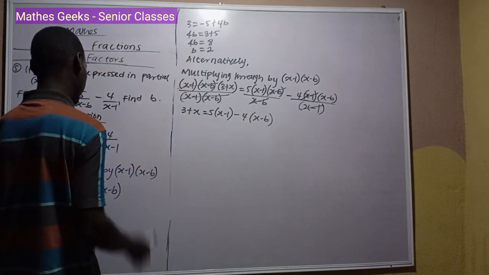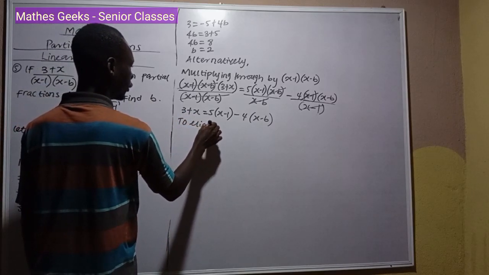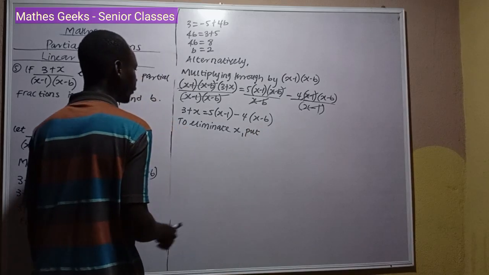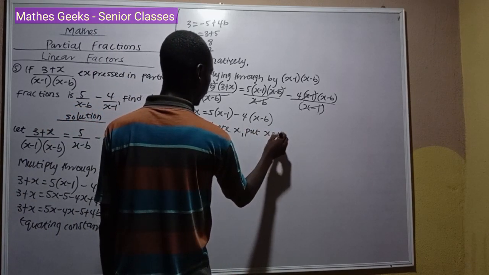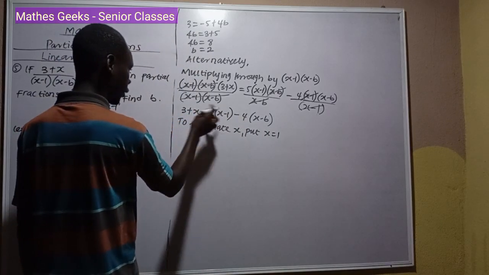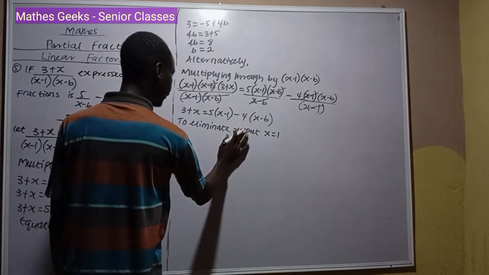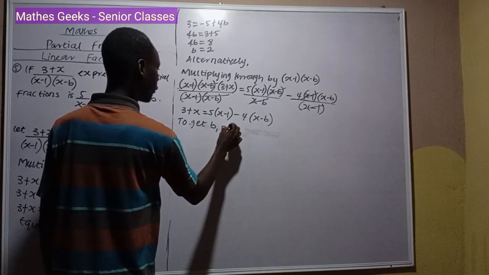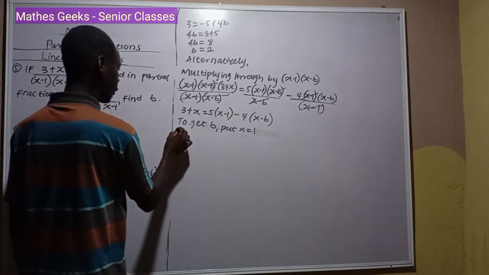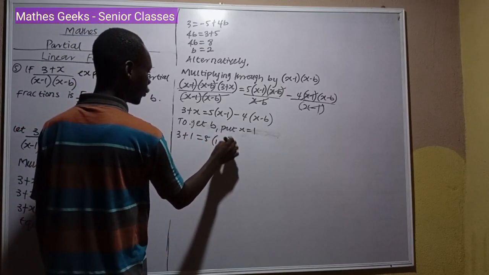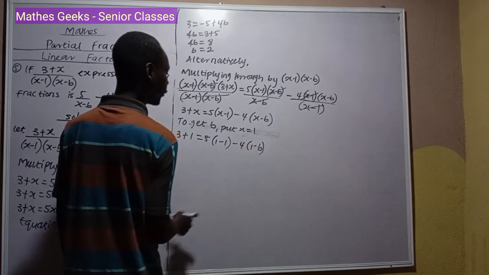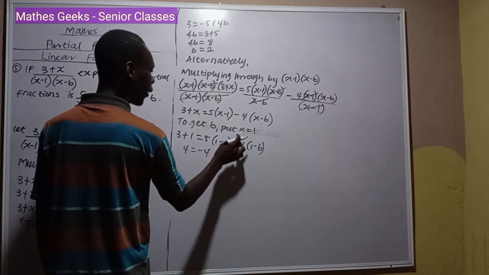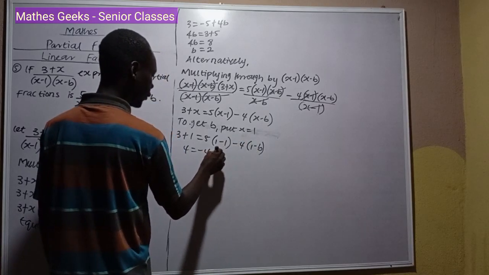So yeah, our target is B. We are looking for the value. So eliminate x, eliminate x, put x plus 1, eliminate 5, or to eliminate constant x, put x, also to get B, to eliminate, so get B, put x equals 1, so 2 plus 1 equals 5, 1 minus 1 minus 4, 1 minus B. So 1 minus 1 is 0, 0 times 5 is 0, this is 4 equals minus 4 times 1 minus 4, minus 4 times minus b will give us plus 4b.